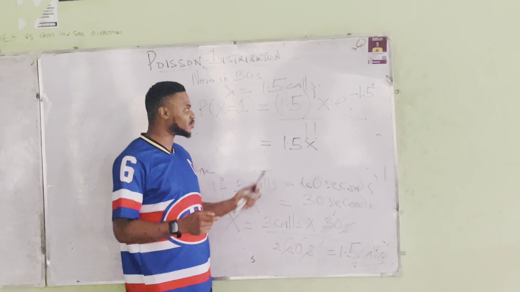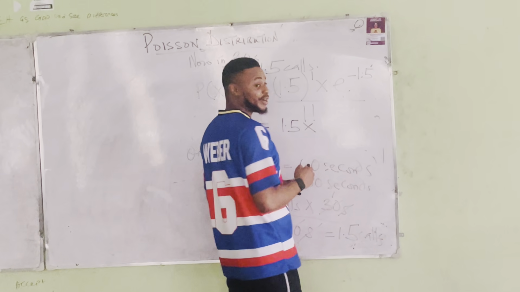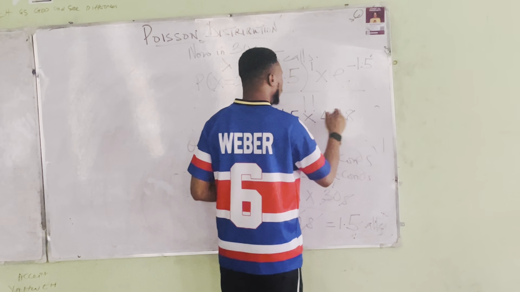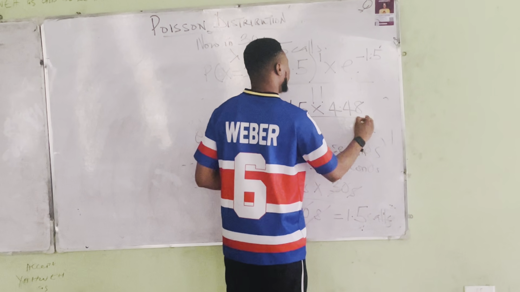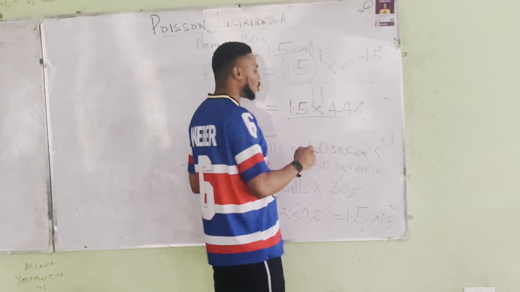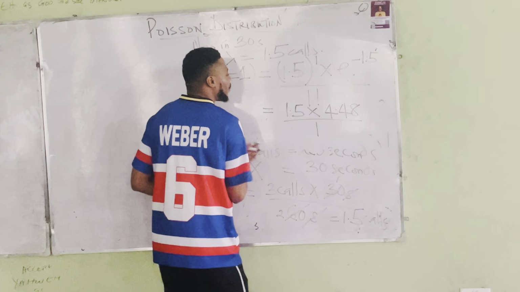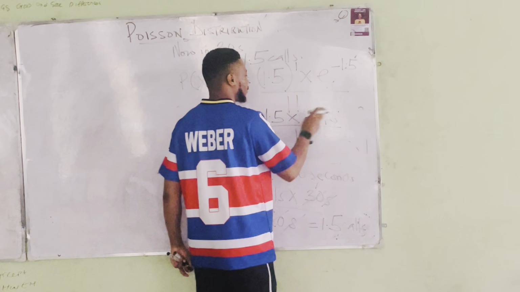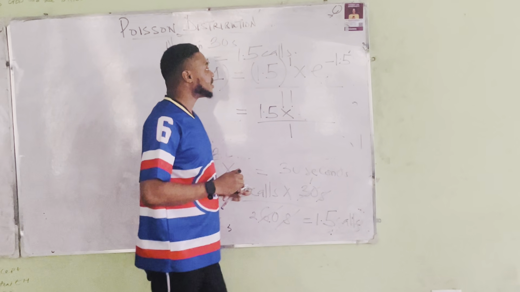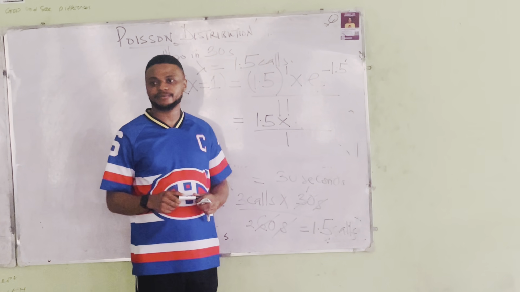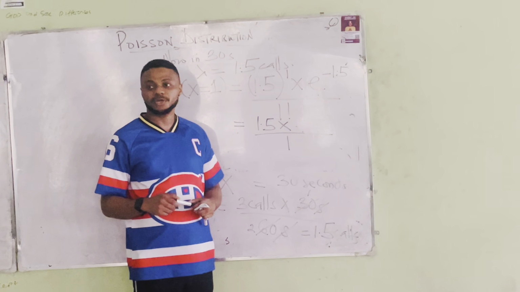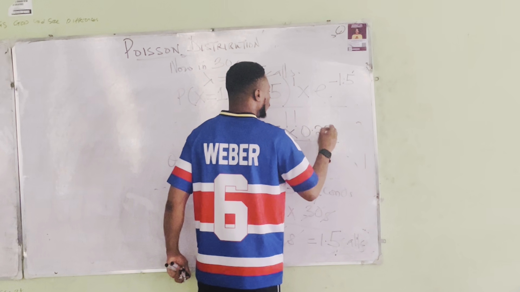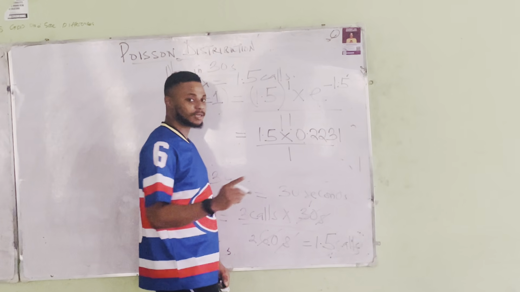Someone was supposed to be doing this. Are we sure of this 4.48? What is e raised to power minus 1.5? It is 0.2231.